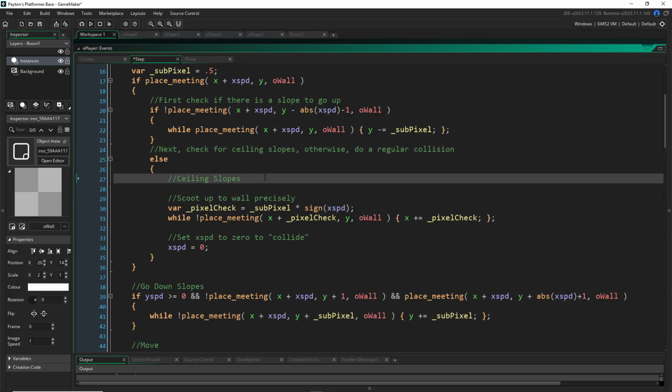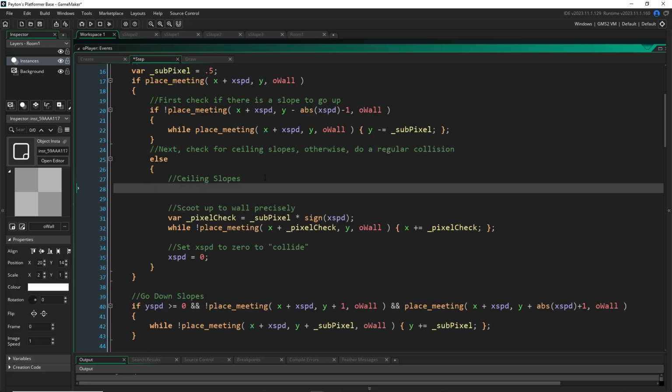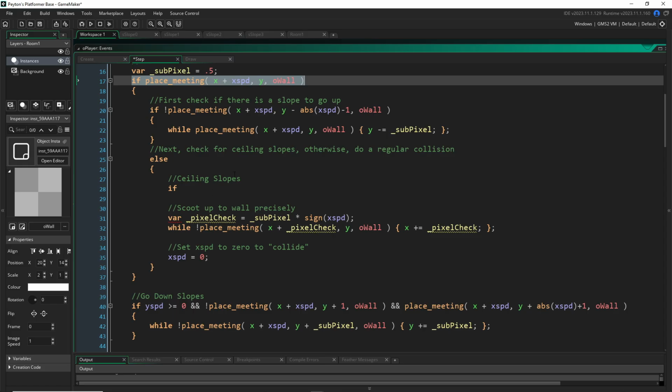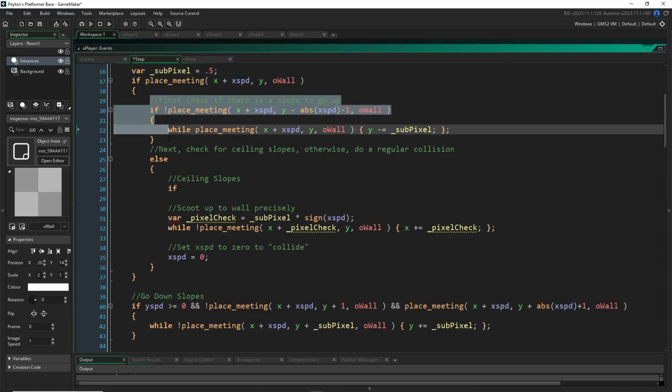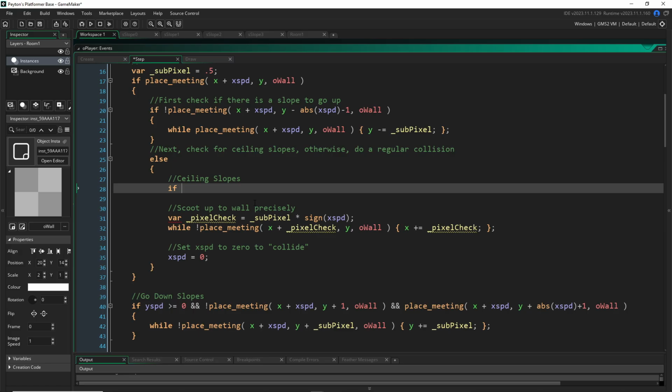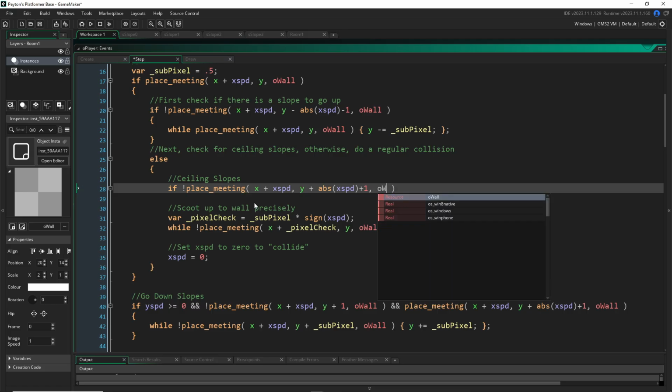So ceiling slopes right here are basically the same thing, except instead of checking upwards for the slope, we're checking downwards. We're still in this larger check of we know that there's a wall in our way. And now that we've determined that we shouldn't be going up a slope, that there isn't space to do that, let's check if we're going to go down. So if not place meeting our X plus our X speed, again now we're checking down, so it's just the opposite. Y plus the absolute value of our X speed plus 1 with that little pad with an object wall.